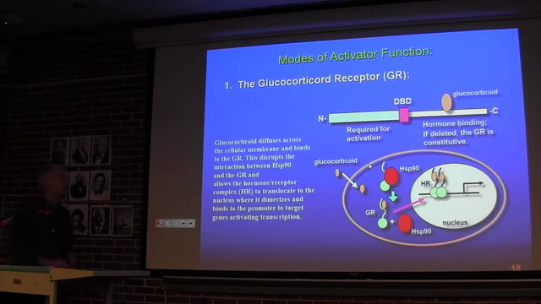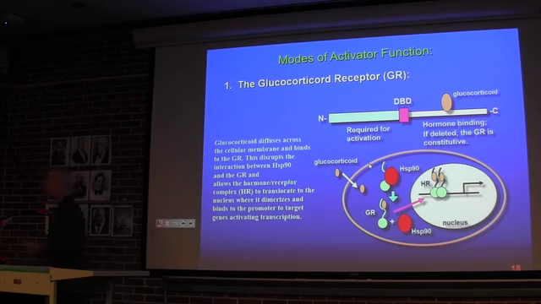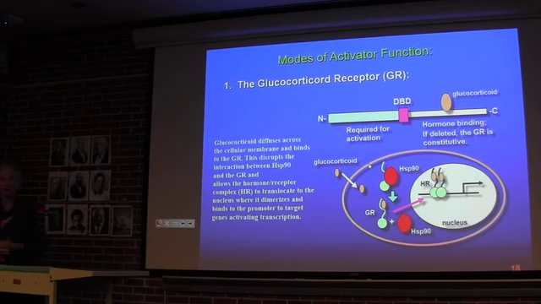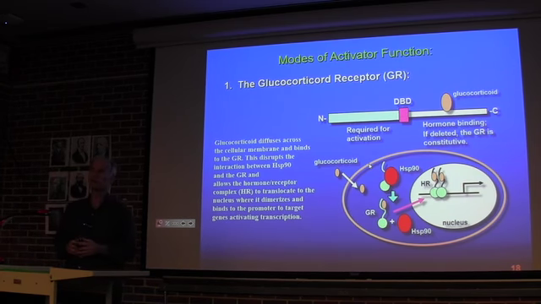Okay, so let's look at a specific pathway of gene activation in us. The steroid hormone pathways. How does it work? And what you can say for one is a pattern for what you can say for all.